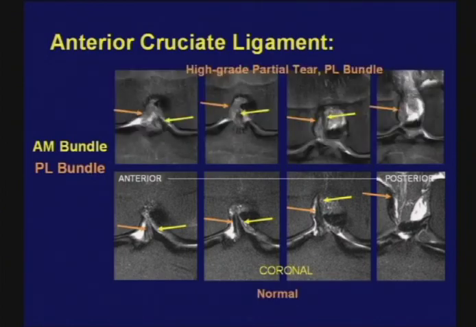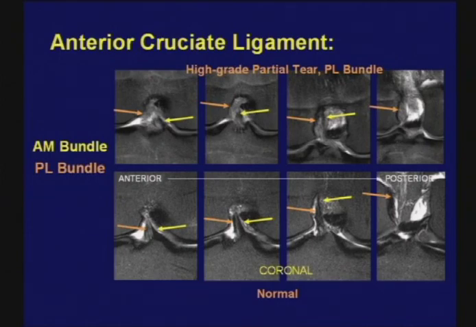You compare now those normal images with the images at the top, which are showing a high-grade partial tear of the posterolateral bundle, that is one with the orange arrows. And you can see that most of the high signal in this partial tear, stable knee, not operated on, appears to be within that posterolateral bundle. So that's how I try to sort it out.